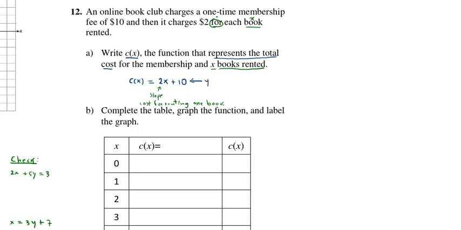Y-intercept: membership fee. C of x, which is the entire function: total cost. That is what each part of the function represents for our situation.